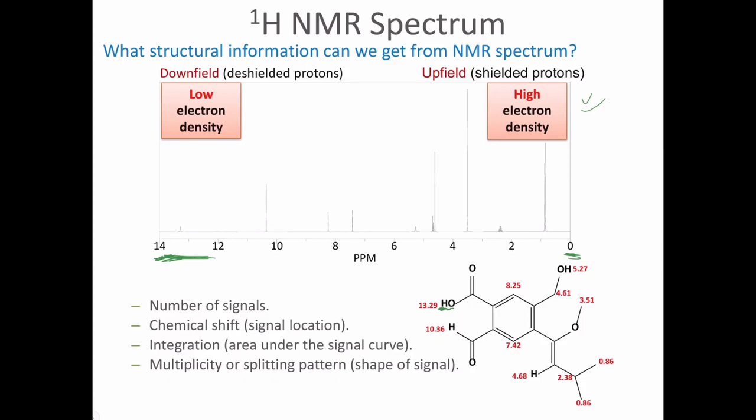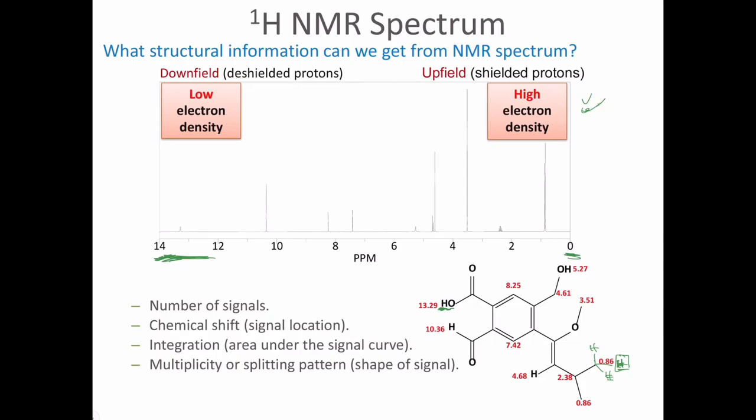If you look at something like a methyl group, CH3, carbon is not electronegative and neither are these other hydrogen atoms. So each of these protons will show up at a more upfield region because they are surrounded by more electrons.